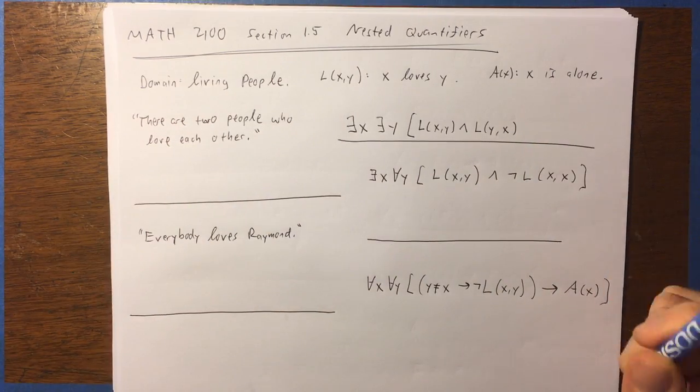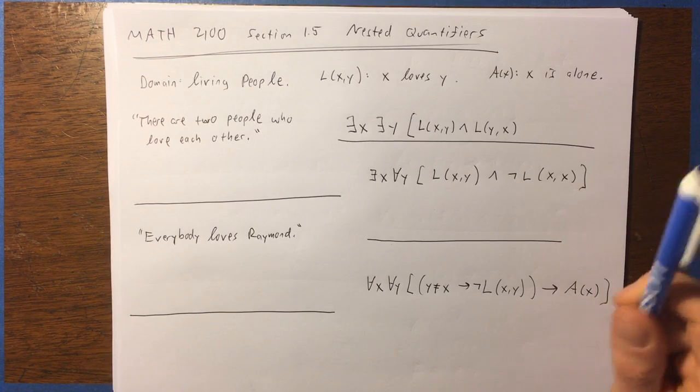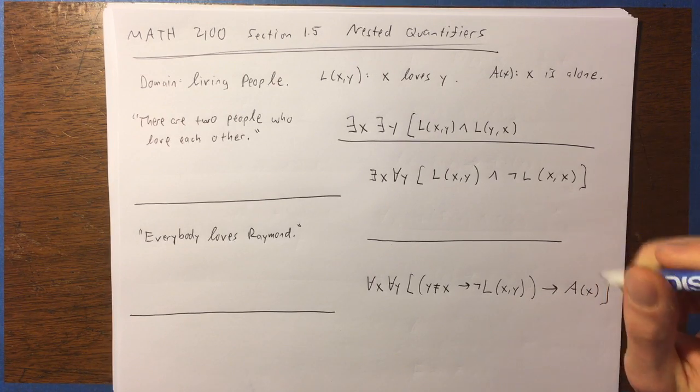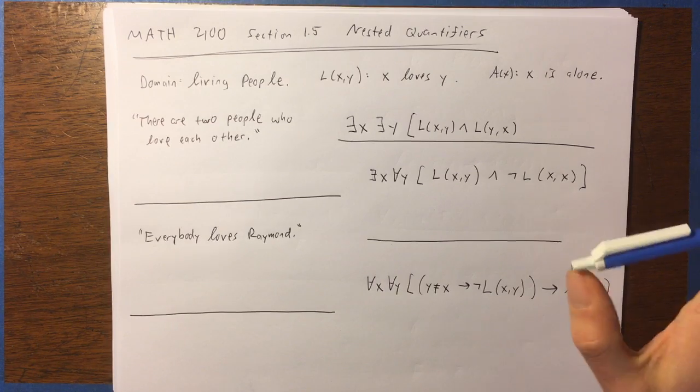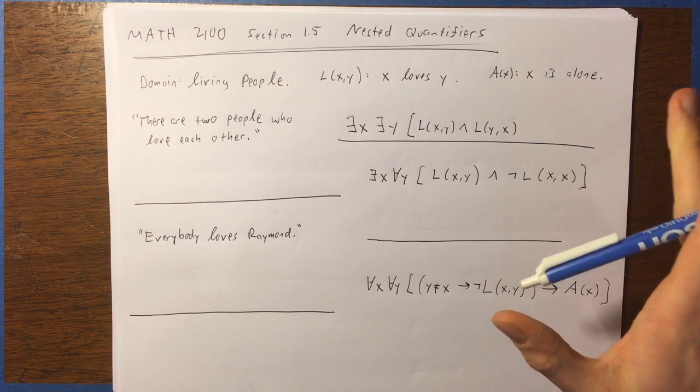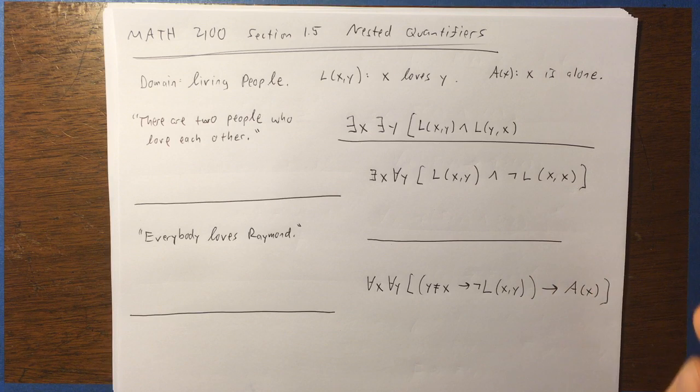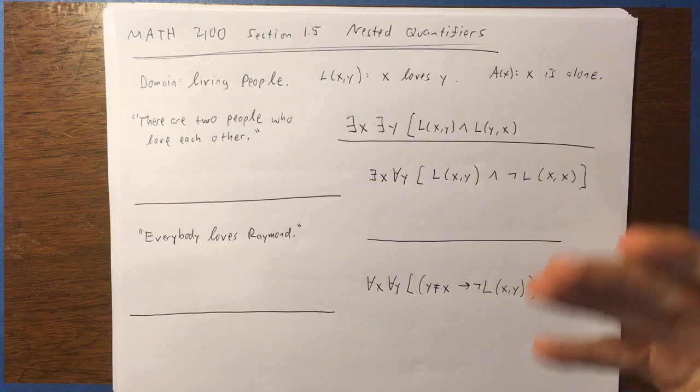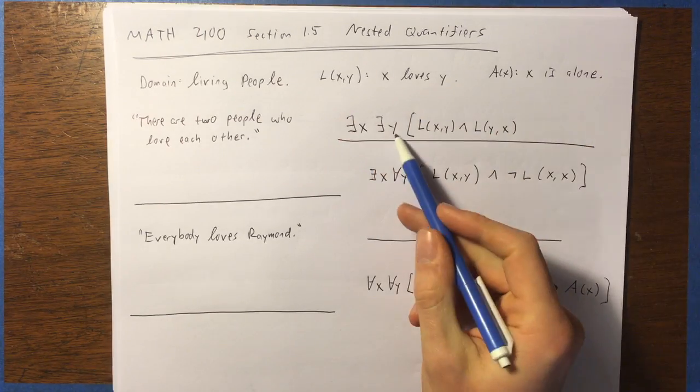Now there's one more problem here that we would address, and it's not exactly a problem, this is a good thing. You can love yourself. I hope you do. A person can love themselves. L of XX could be true, all right? X and Y could be the same element.